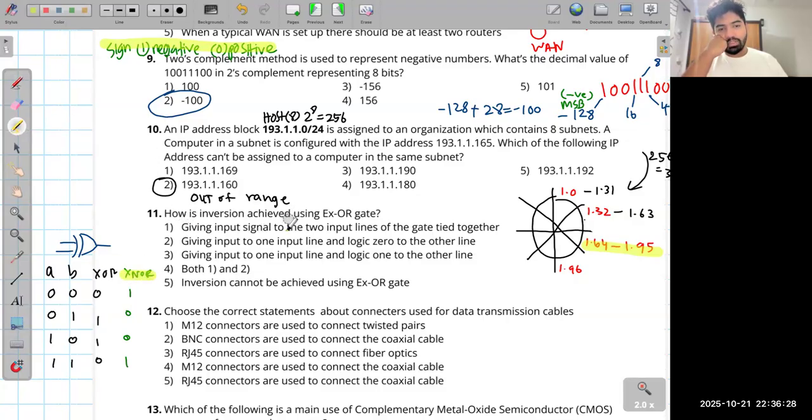Give the input signal to the two input lines of the gate tied together. Give input to one input line and logic 0 to the other line.